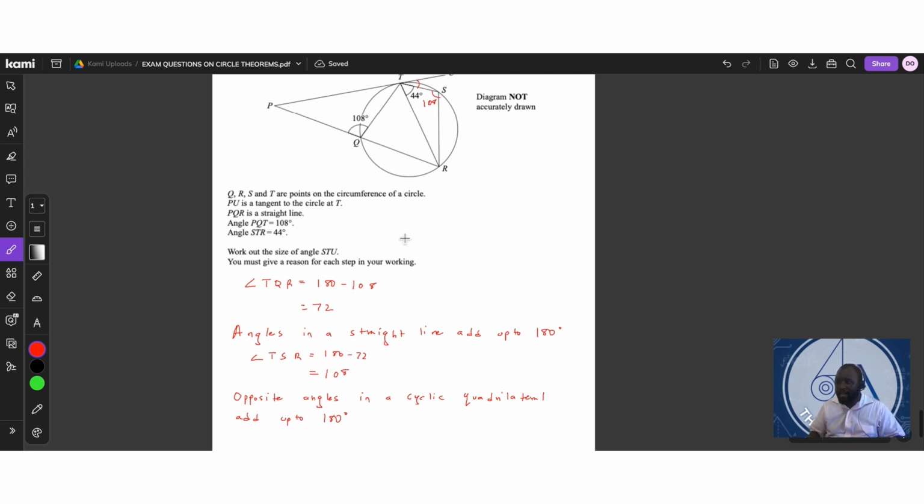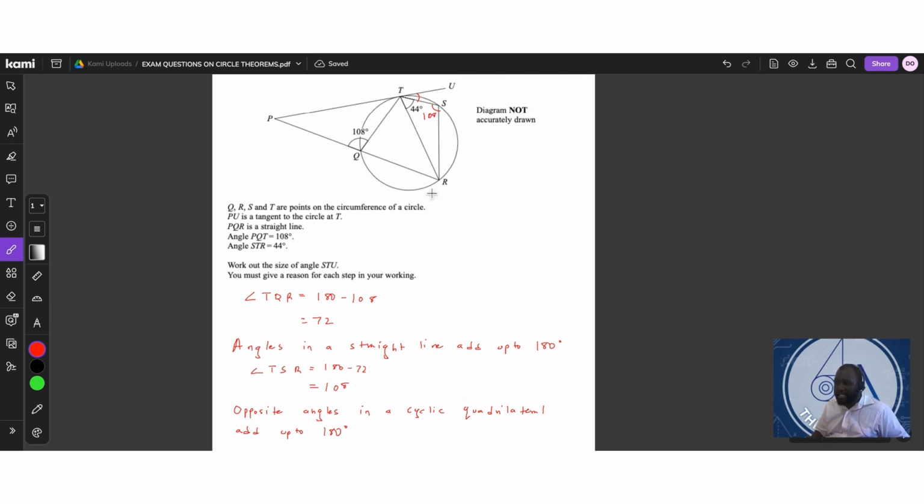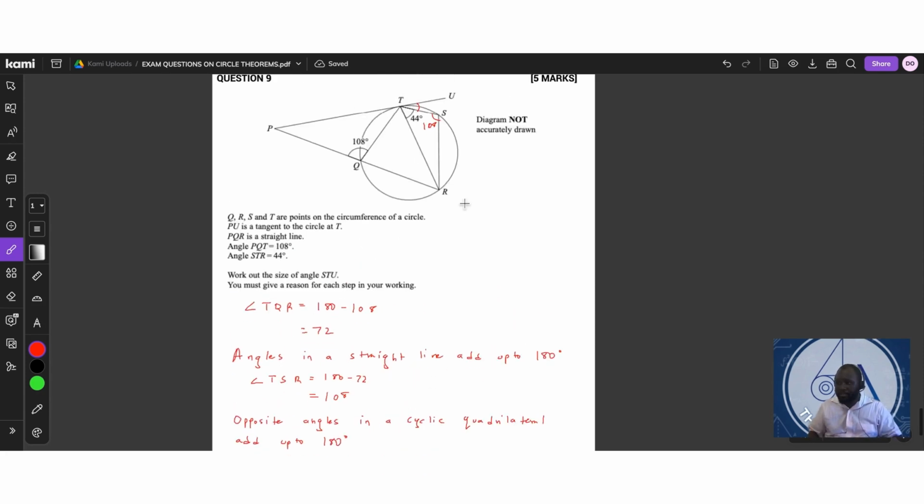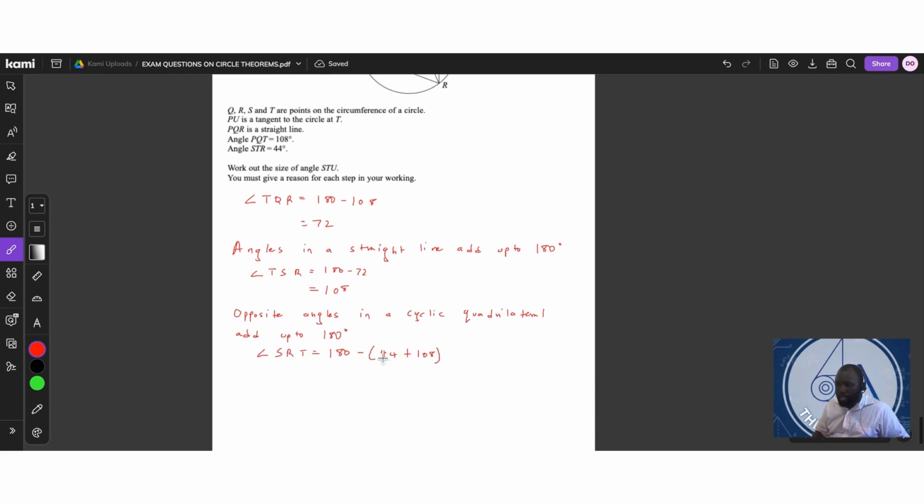Then we get the angle we want, angle S. First we get angle SRT. So angle SRT is equal to 180 minus the sum of the other two angles, 44 plus 108.